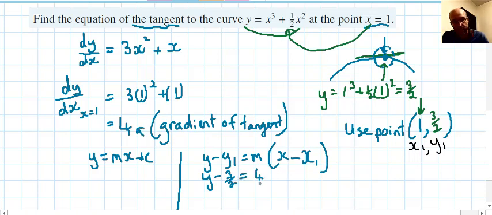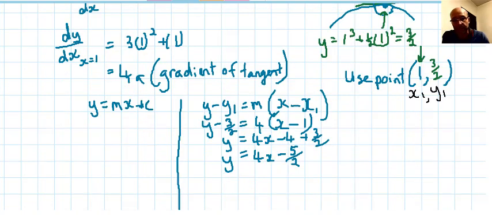Outside of x, take x1 is the 1. And so we've got y equals, expanding, 4x take 4. And we have to add 3 on 2 to both sides to get y by itself. And we get y equals 4x minus 5 on 2. That's the equation to the tangent.